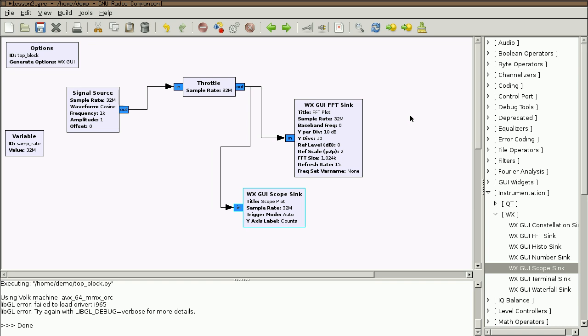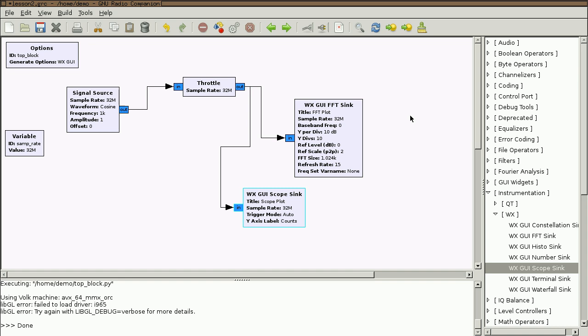So, question 3 was, does the FFT sink correctly indicate the frequency produced by the source? Yes, it did. It showed a spike at 1 kilohertz. And if the source and sink have different sample rates configured, it does not correctly indicate the frequency, but it does do the exact same analysis and produce the same looking output, just with a different ruler.